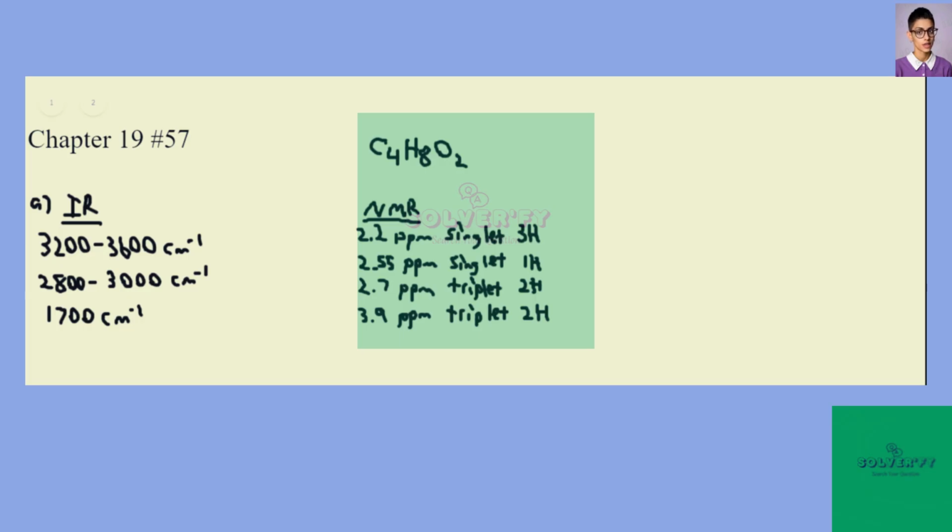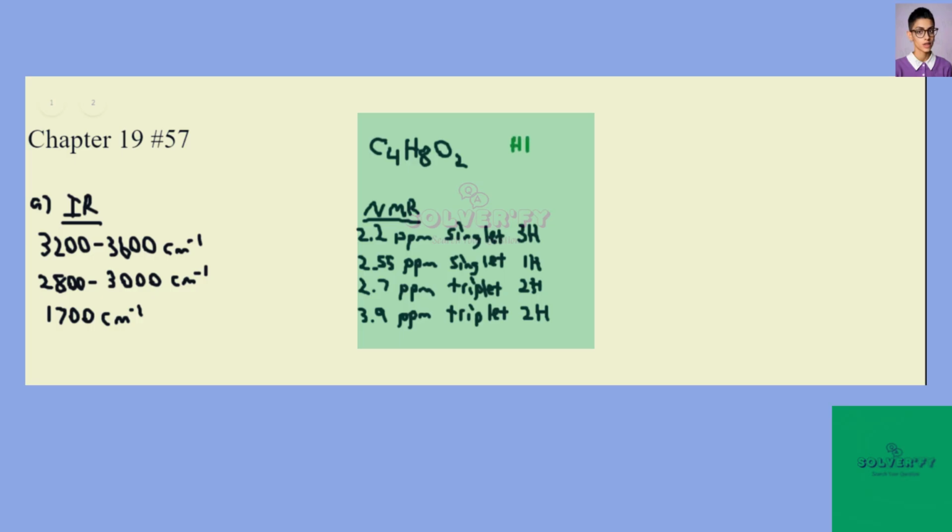And so, as always with a problem like this, where we're given a formula and spectral data and asked to come up with a structure, I think that the best way to start is to calculate the hydrogen deficiency index for the formula.